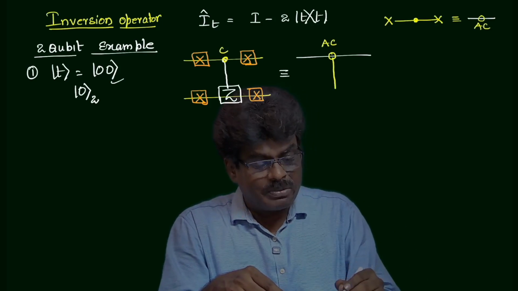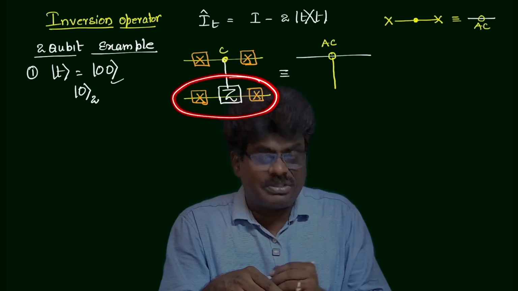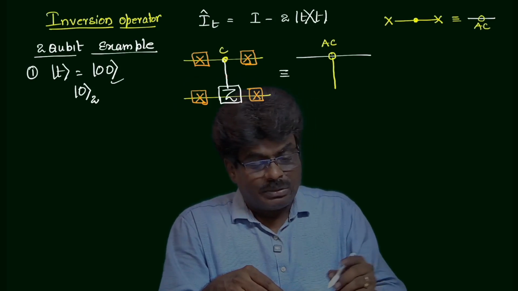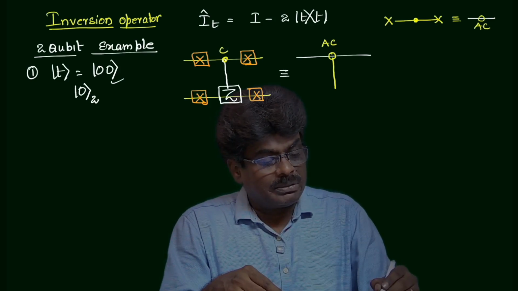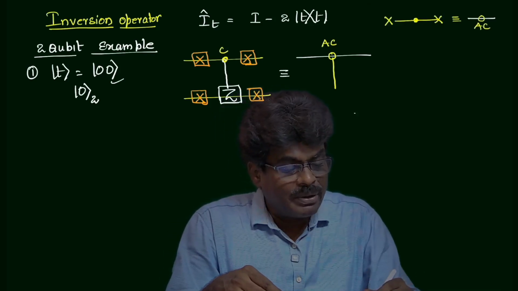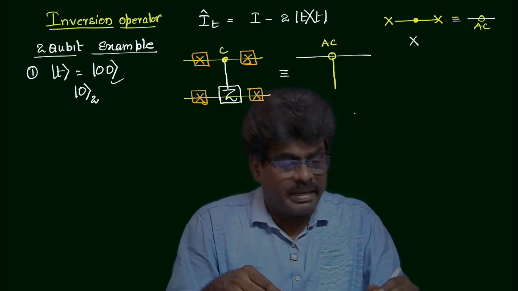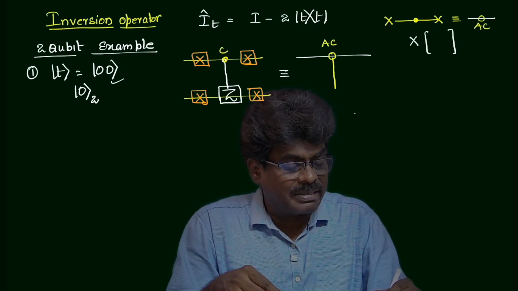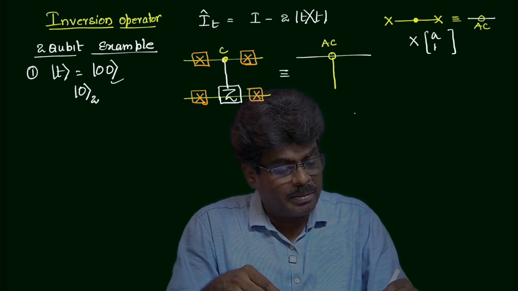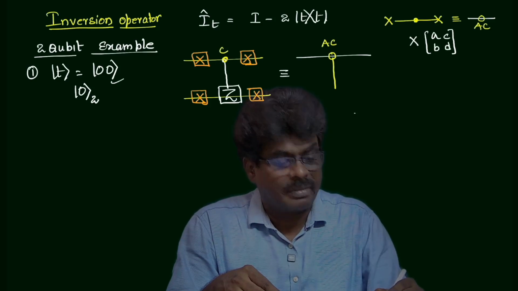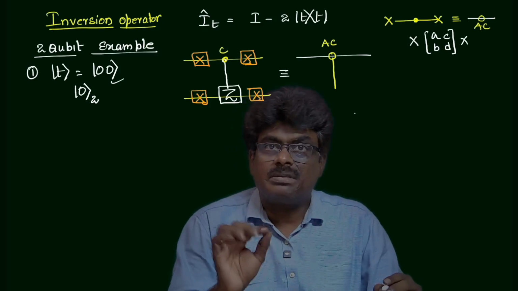If you observe carefully, this is XZX. So I would like to discuss one thing, that is, whenever you have Pauli x, and here we have one matrix, let us say A, B, C, D, and again x. Very simple multiplication.